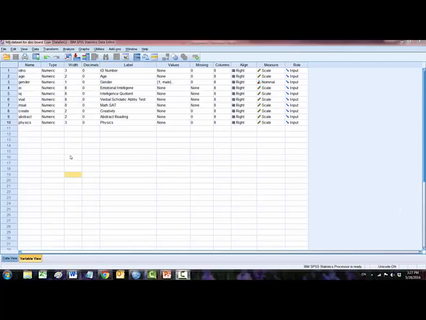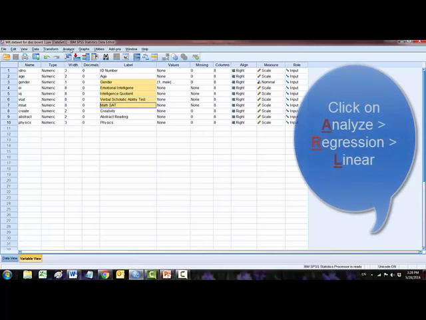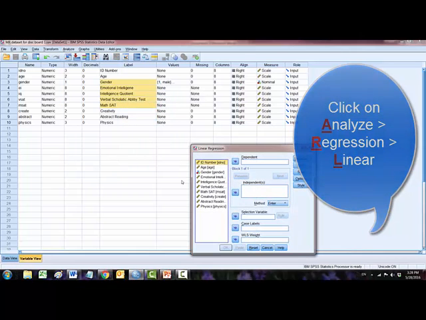So we go back to our SPSS data file. We have several variables here, but we are choosing only physics and 5 of these variables to include in the equation. So we go to Analyze, Regression, Linear.